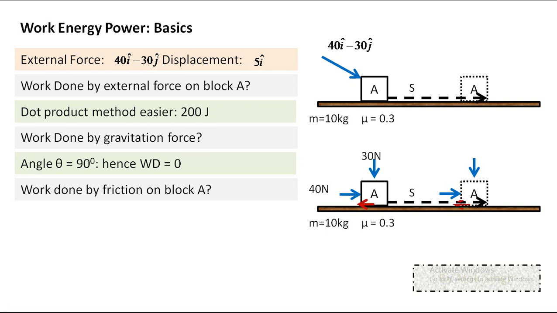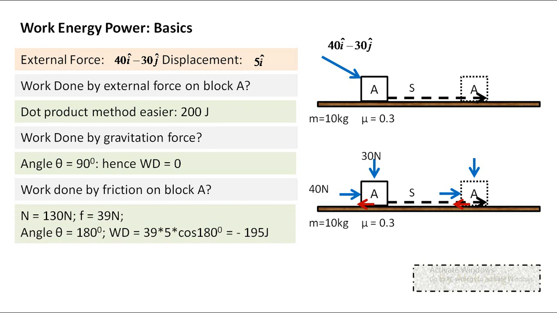N is 130, so friction force will be equal to 130 into 0.3, so 39 Newton. So angle between force and displacement is 180 degrees. So work done, magnitude of force, magnitude of displacement into cos of 180, it will come equal to minus 195 joules. That is work done by friction force.